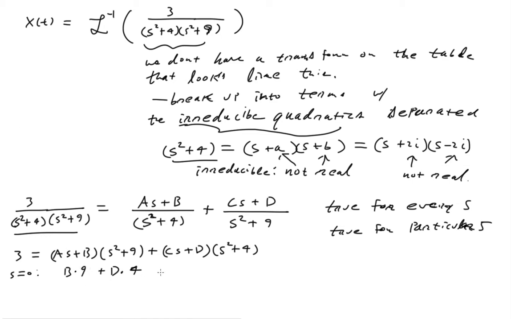Okay, very good. And that has to equal 3. I can solve now. B is actually going to be 3 minus 4 times d all over 9, and this is going to be 3/9, so that's going to be equal to 1/3 plus 4/9 times d.